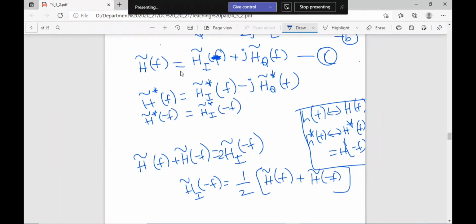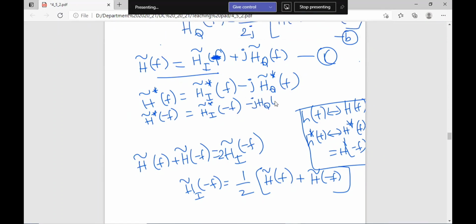Okay, this is the first equation. This is the second equation which I've taken. From the second equation, I'm just replacing f with minus f. So minus j hq of minus f. Okay, so this will become h star of minus f. It will be plus f, which will be equal to.